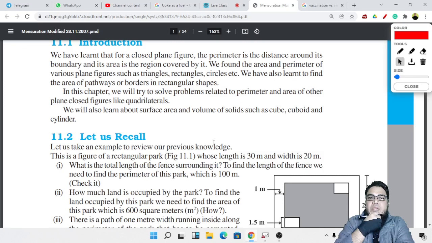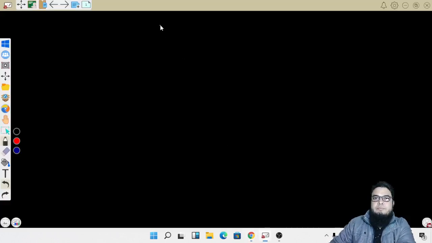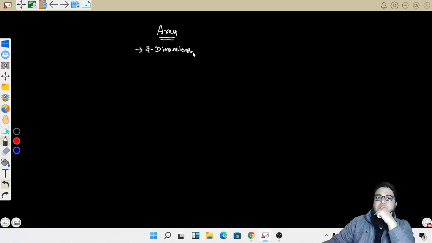Okay, so when we talk about area, it is talking about two planes, or you can say it is talking about two dimensions. Okay, it is talking about two dimensions.